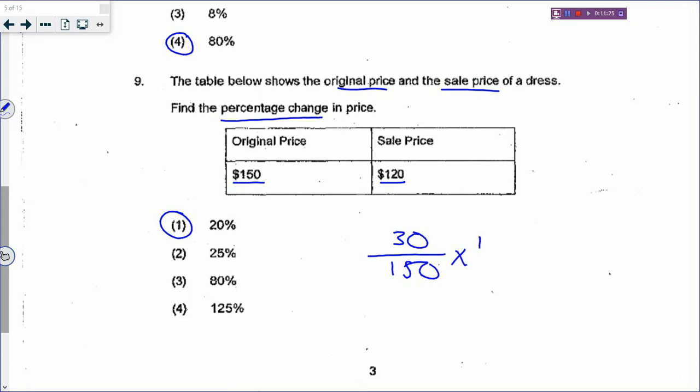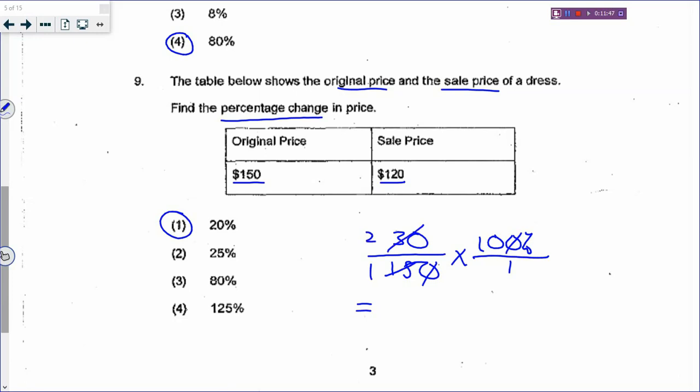Or there is also another way you can convert to percentage. You times 100%. And because it's no calculator, you have to learn to cancel. Divide by 10, divide by 10. And then anything else you can cancel? Yes, 15 divided by 15, and 30 divided by 15, you get 2.